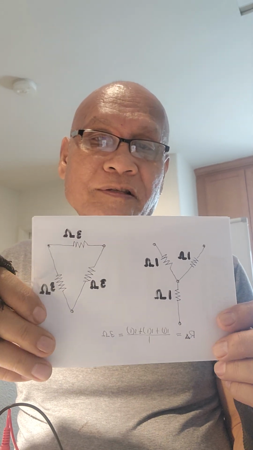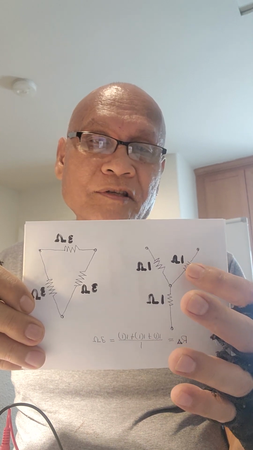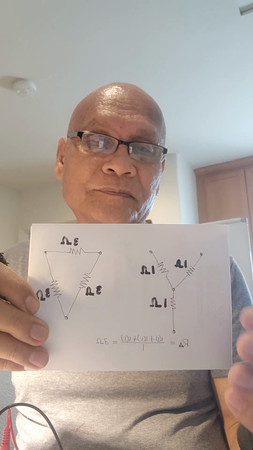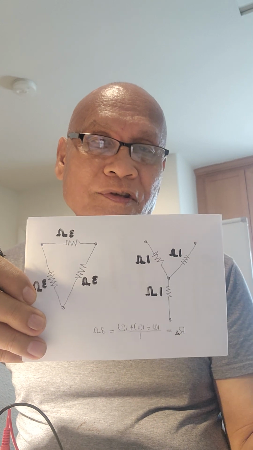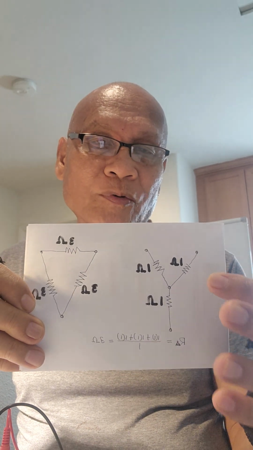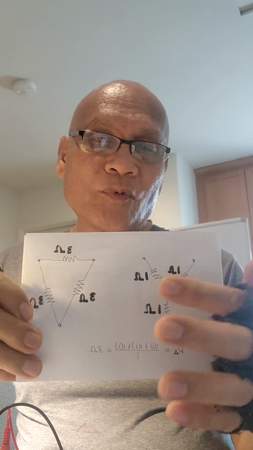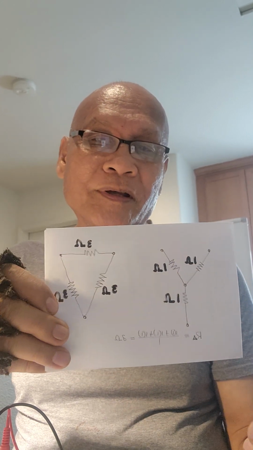What I did here is that if I got resistances which are connected in Y, just for simplicity, I put the values on the Y to be all 1 ohm. So this is 1 ohm, 1 ohm, 1 ohm.